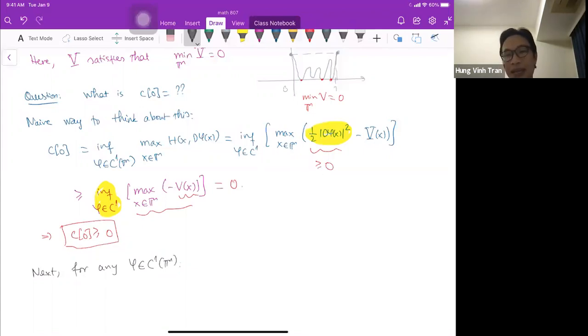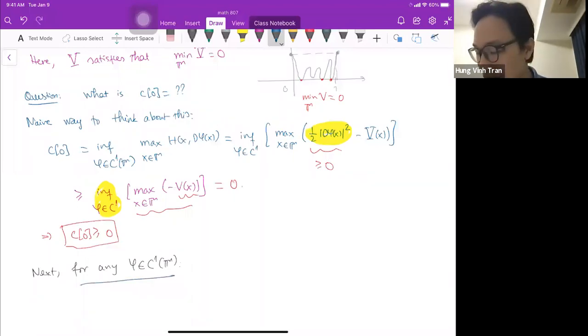Should I take any phi in C1, or should I just pick an obvious phi? Remember that we are taking the infimum over all phi, so that comes into play with the earlier bound that we have. But in case we want to repeat it, I'm not going to take any phi in C1. I'm just going to delete this one.